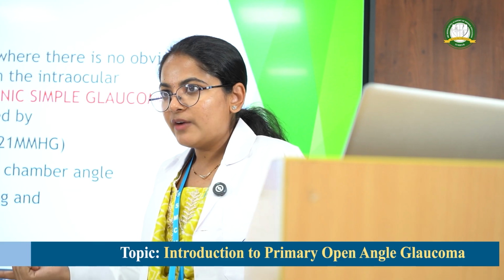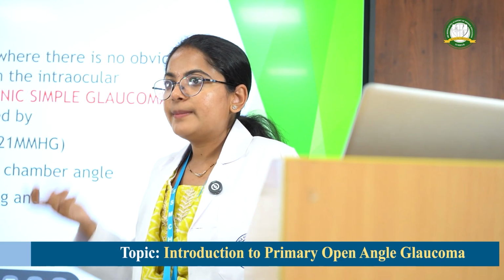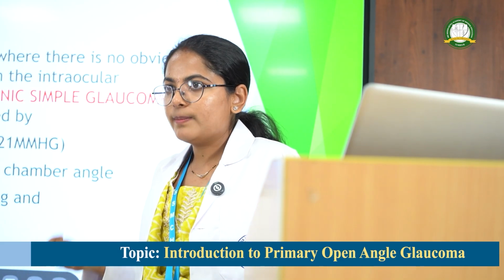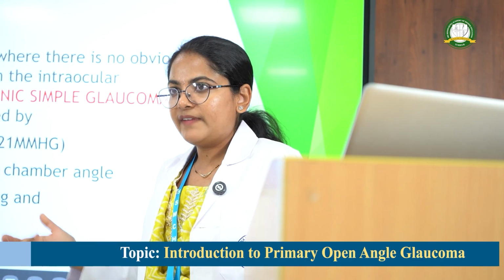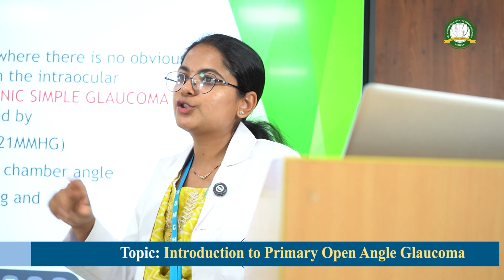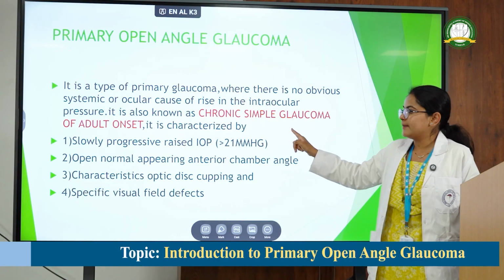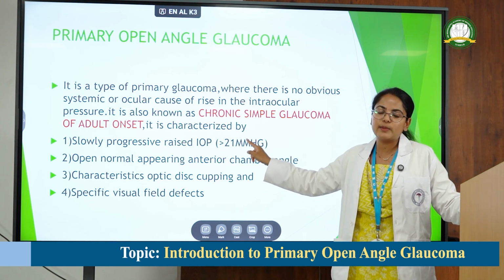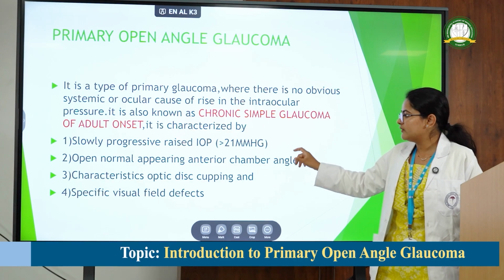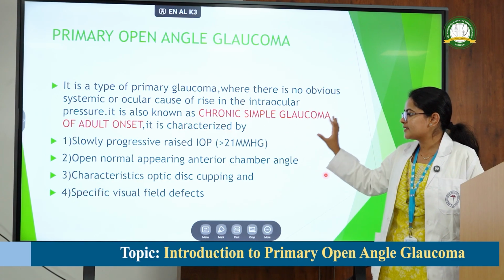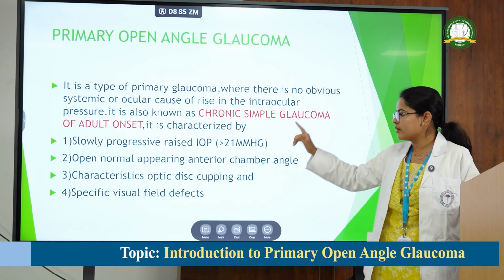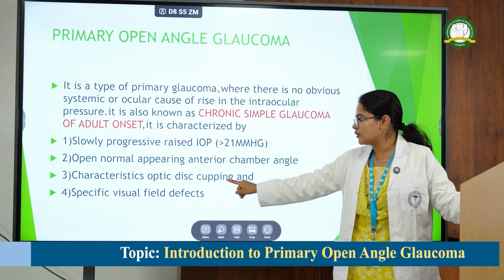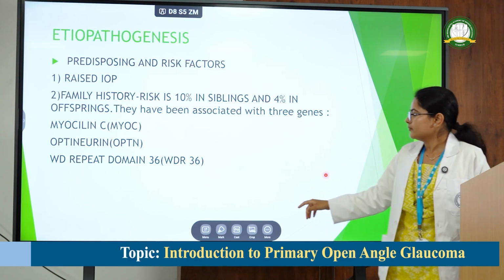There are optic nerve head changes, IOP can be raised or normal, and there are visual field defects, and on gonioscopy there should be open angles. In primary open angle glaucoma, IOP should be greater than 21 mm Hg. Only then will we consider it as primary open angle glaucoma, along with visual field changes and optic disc cupping.